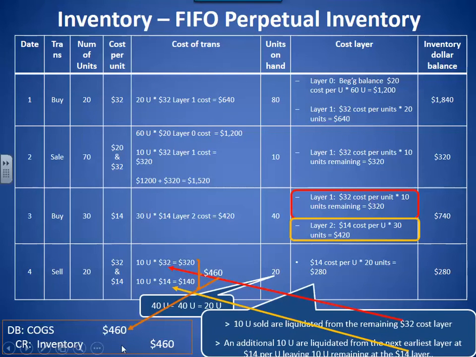Okay, now let's take a look at date number 4, where we have the sale of an inventory item. This slide's a little bit busy, so bear with me. Again, we sold 20 units, and what we're going to find out is that for basically the first 10 units, since we're in first in, first out, we liquidate the earliest layer first, and then the next layer after that.